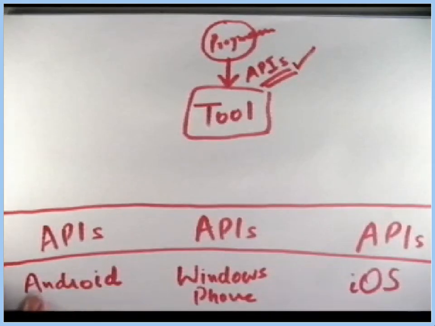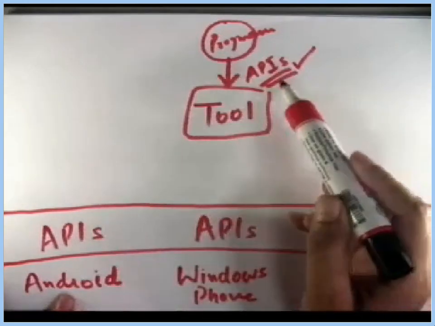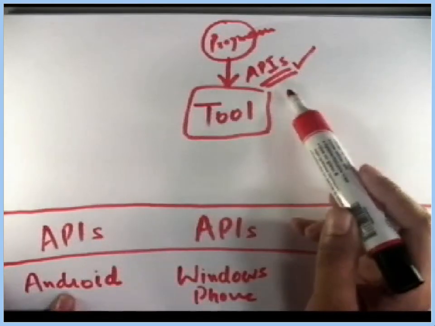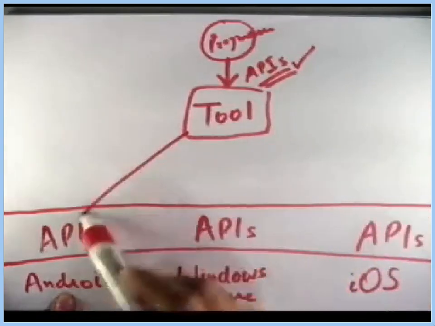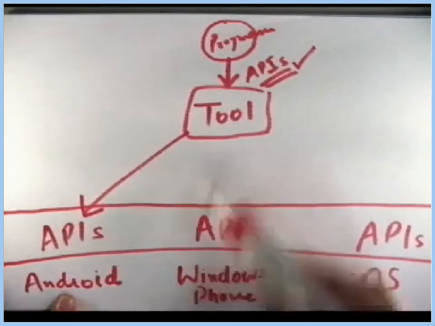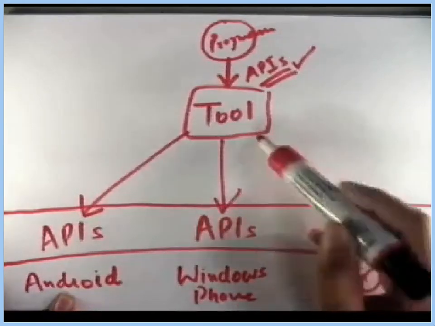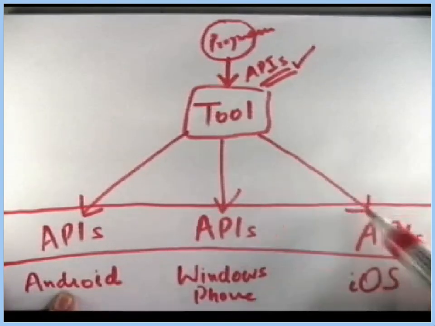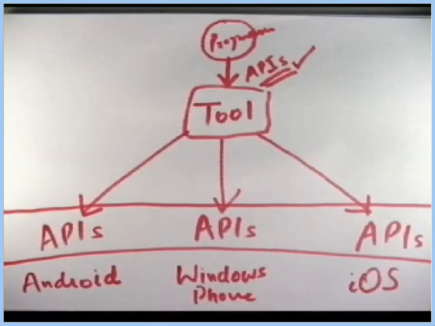And then what does this tool do? It converts the calls to these APIs into calls to Android APIs, into calls to Windows APIs, and into calls to iOS APIs. Okay, so that is how we can develop the app just once and then use it across multiple platforms.